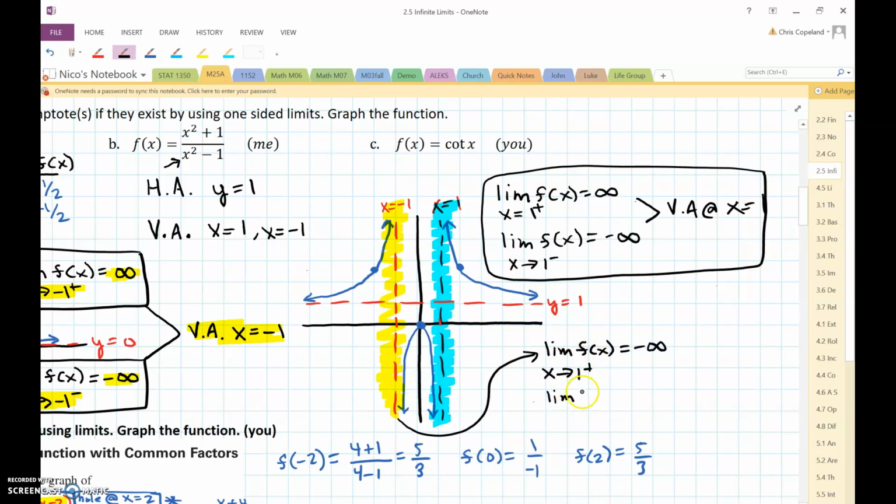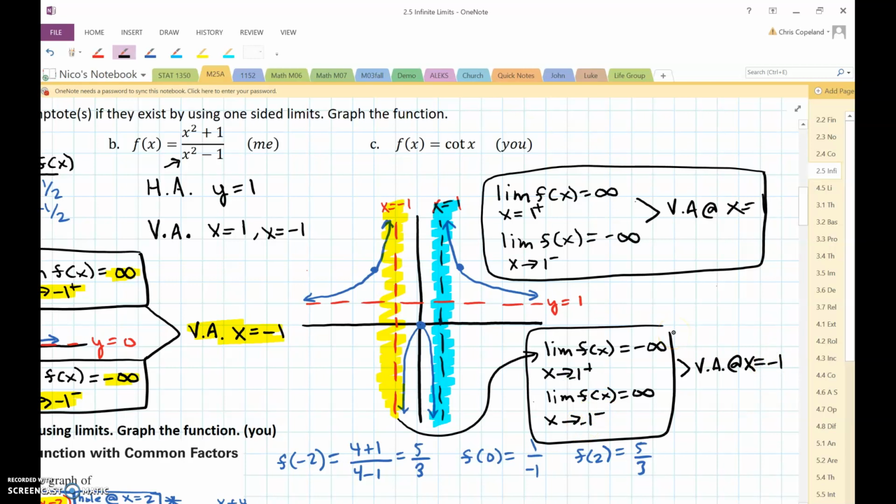Here we have the limit of f of x as x is approaching -1 coming from the left. This is going towards positive infinity. So again, this is telling me that there is a vertical asymptote at x equals, oh, this should have been negative 1. Negative 1.